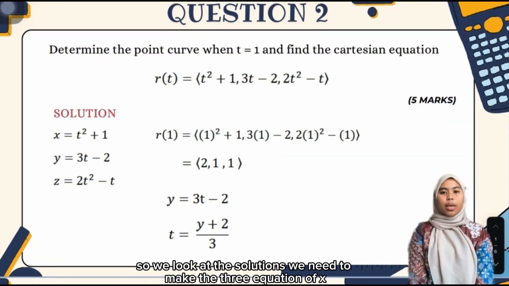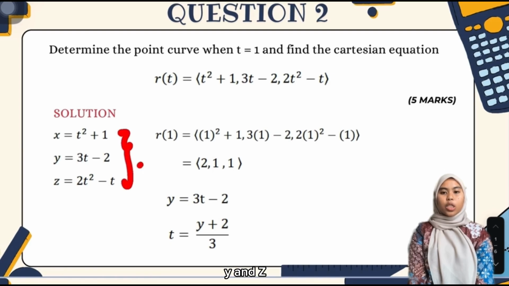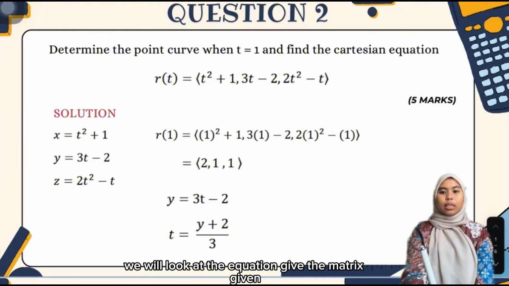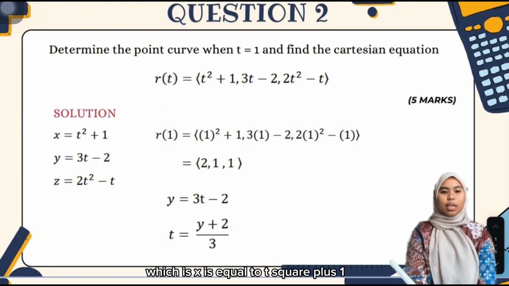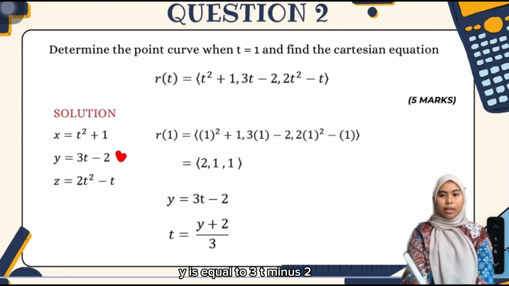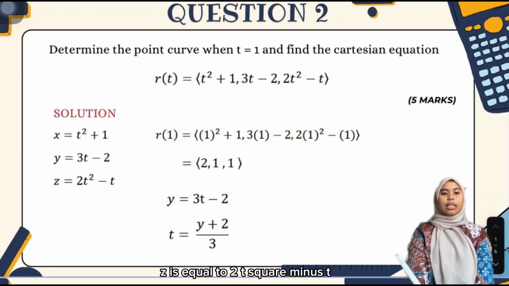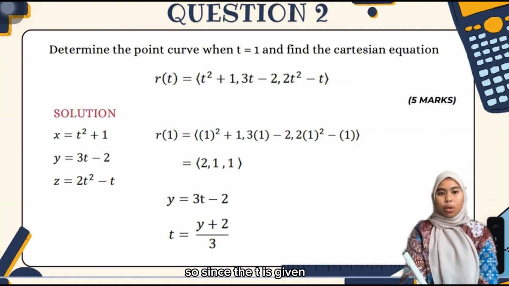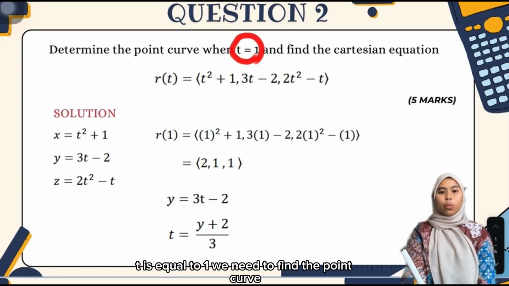We need to make the three equation of x, y, and z. We will look at the equation given, which is x = t² + 1, y = 3t − 2, z = 2t² − t. So, since the t is given, t is equal to 1, we need to find the point curve.